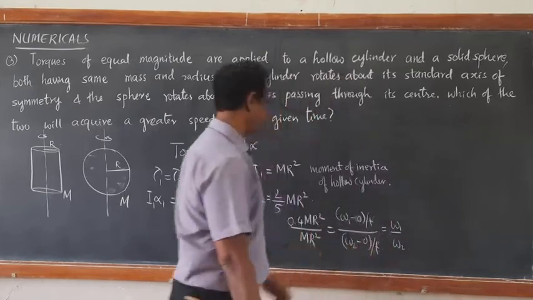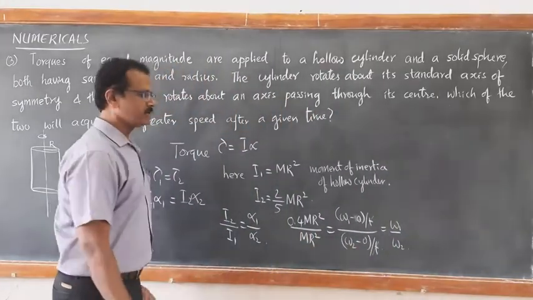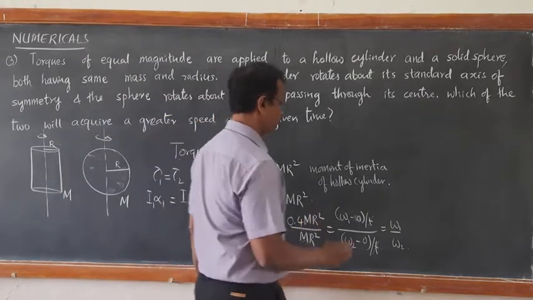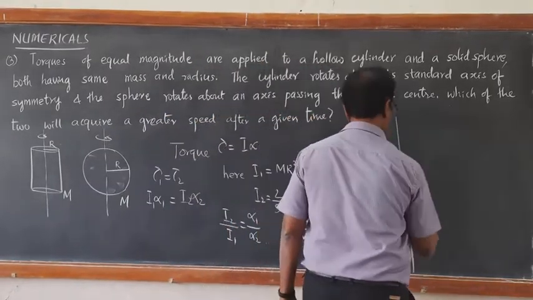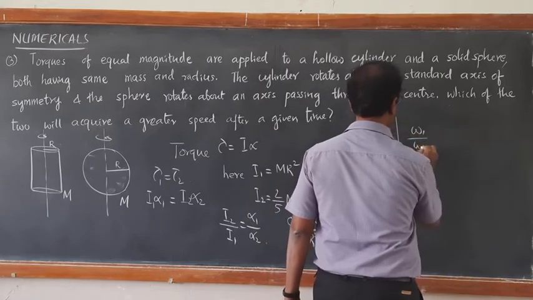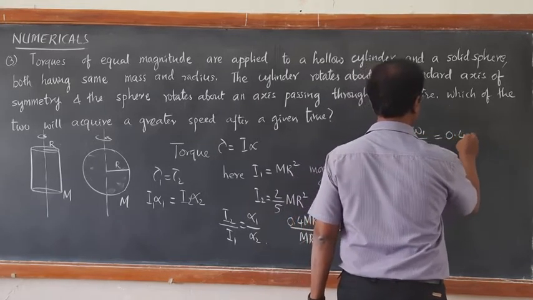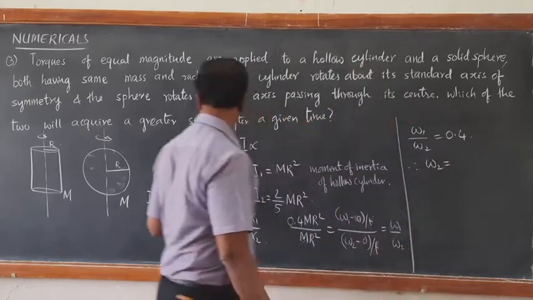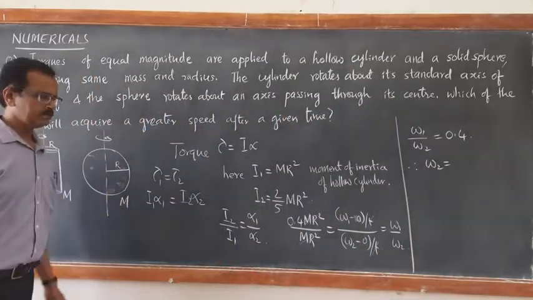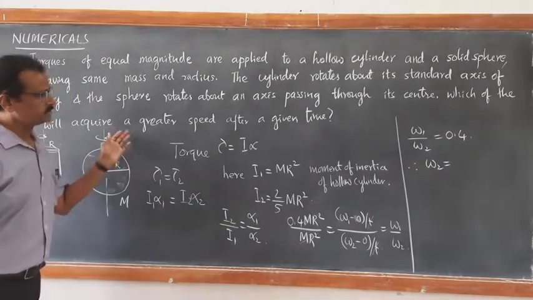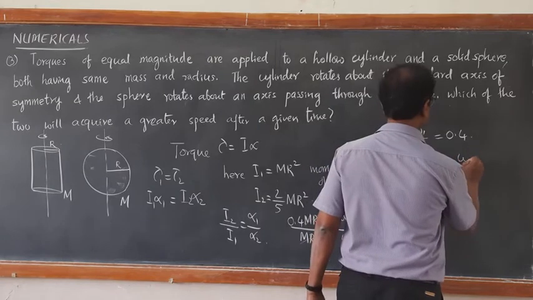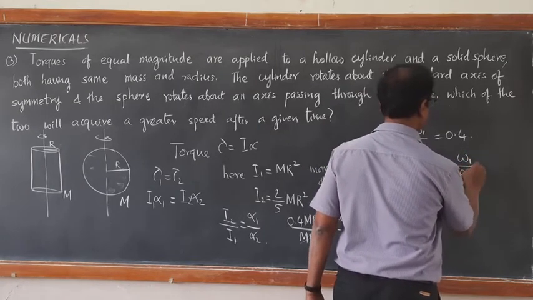So we can calculate what is omega 1 and what is omega 2. So mr square cancels. Therefore, omega 1 by omega 2 is equal to 0.4. Therefore, omega 2, that's the angular velocity of the sphere, is omega 1 divided by 0.4.